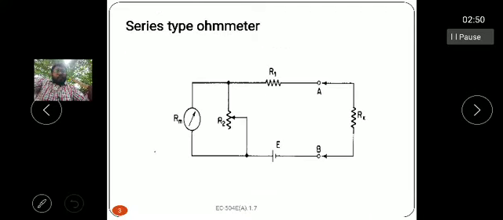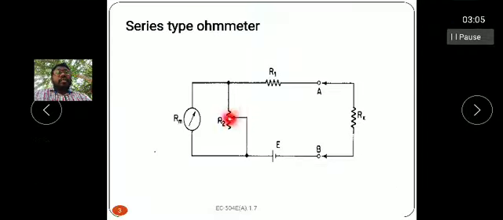First, the circuit diagram of the series type ohmmeter. Here we are using the meter resistance Rm, and the adjustable resistor R2 is connected in series with the meter.